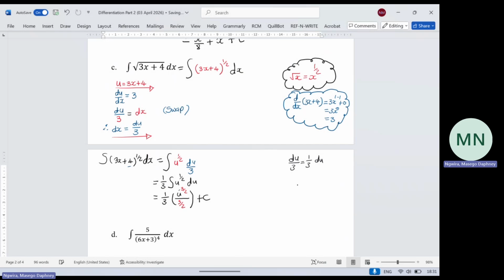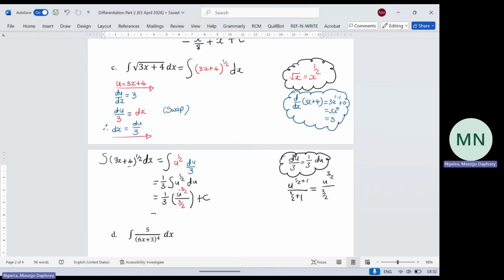How did I get this? I said u to the power of 1 over 2 plus 1, over 1 over 2 plus 1. It gives me u to the power of 3 over 2 over 3 over 2. And that's what I did. So that's how I got my answer.